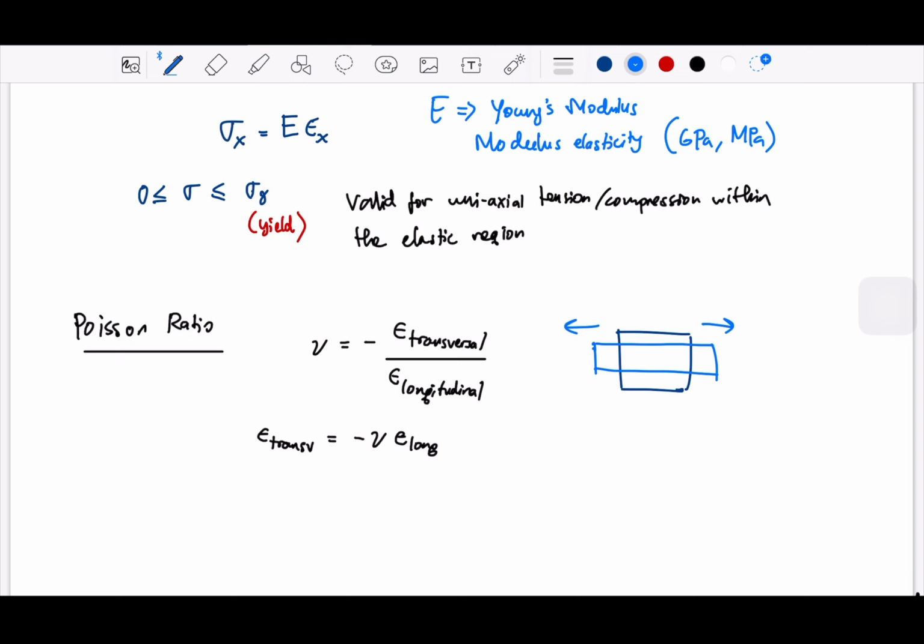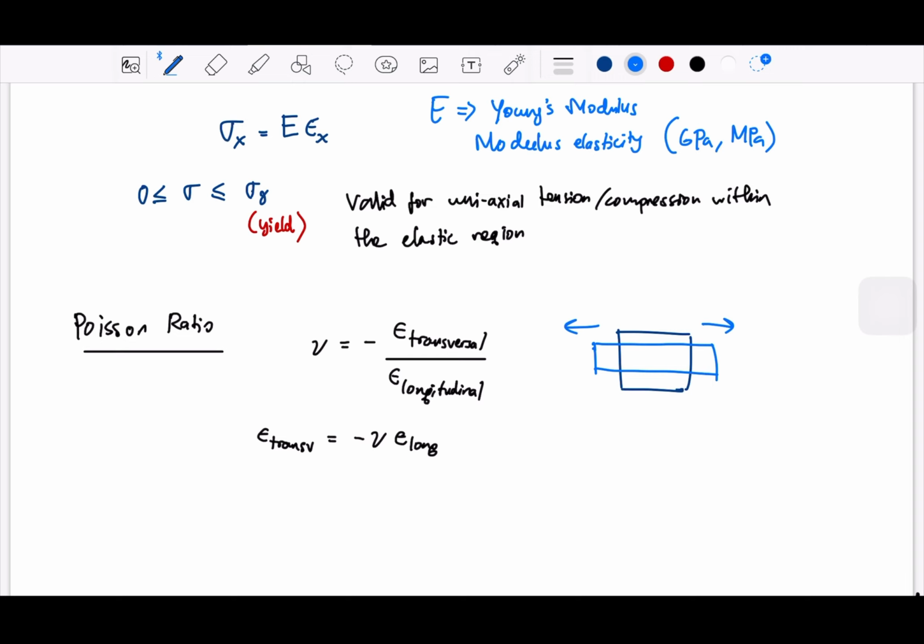There are changes in this direction and in this direction. Okay? So why do we need this negative? Where does it come from? Because we want to make sure that the ratio is positive.